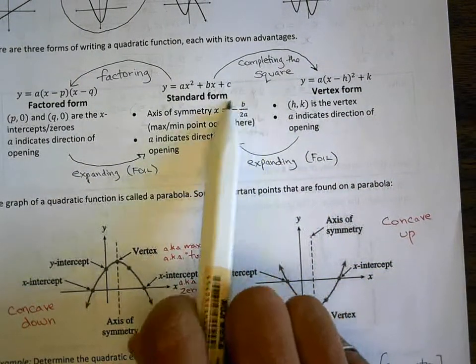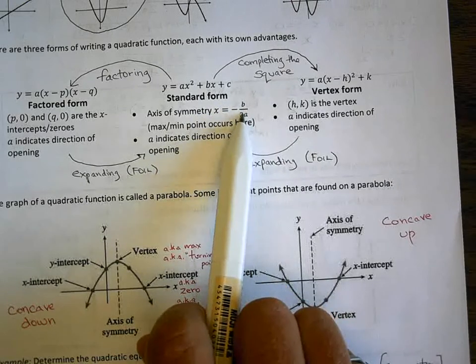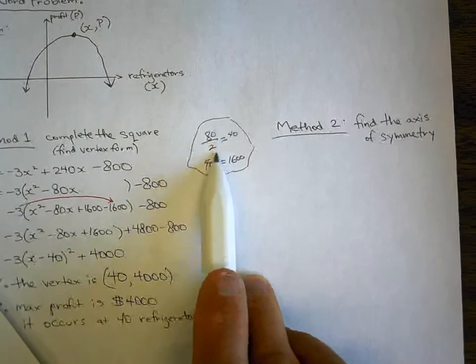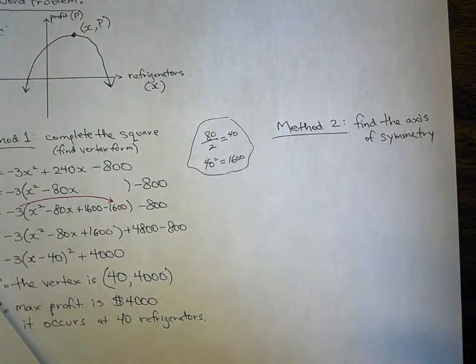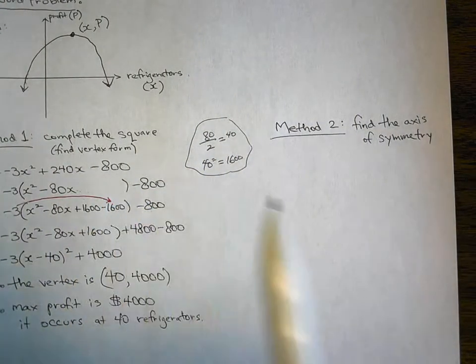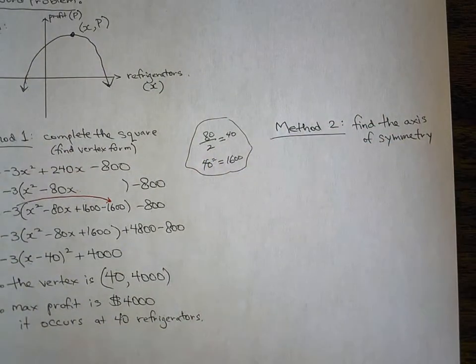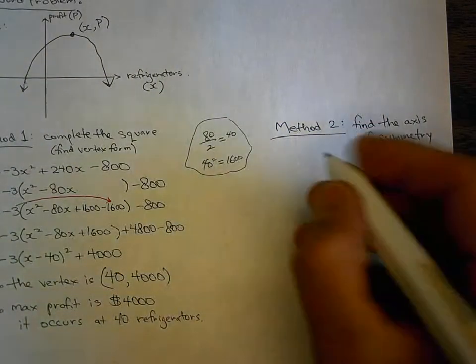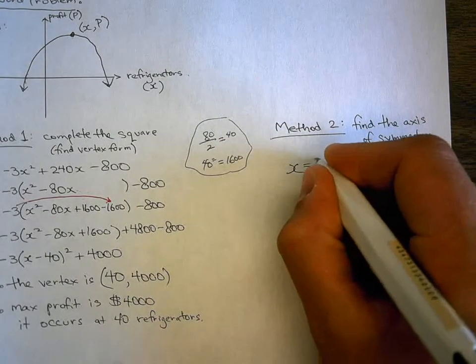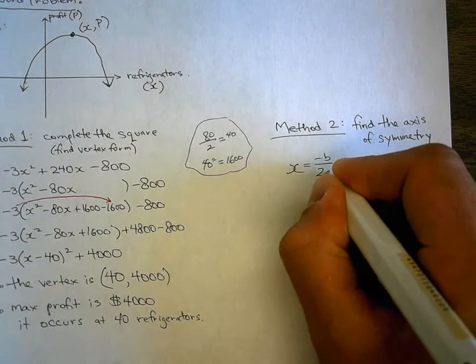It reminds us a bit of the quadratic formula, and a bit of what we did here, where I took the b value and divided it by 2. It kind of makes sense. Regardless, I can use this formula, x equals negative b over 2a, to find the axis of symmetry.